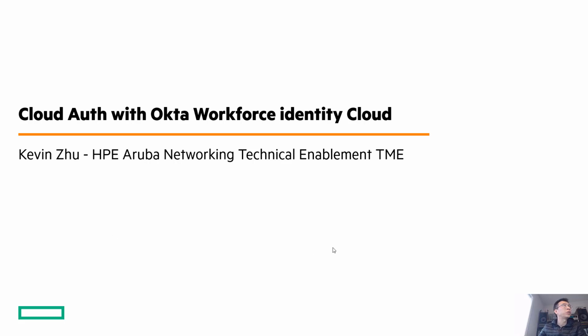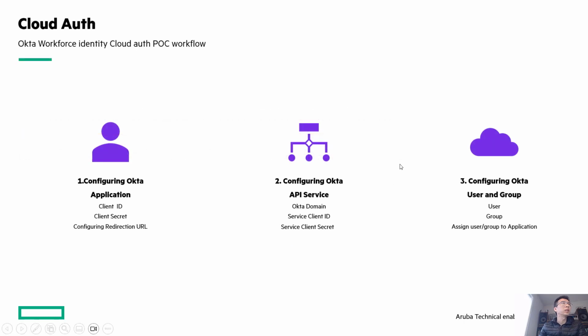Today I will show you how to do Cloud Auth with Okta Workforce Identity Cloud. Three steps. First, config Okta application. In this step, we will get application client ID and application client secret.